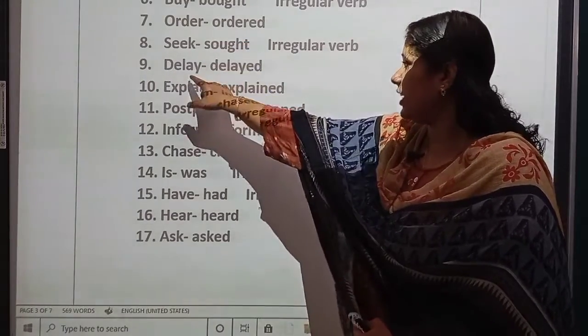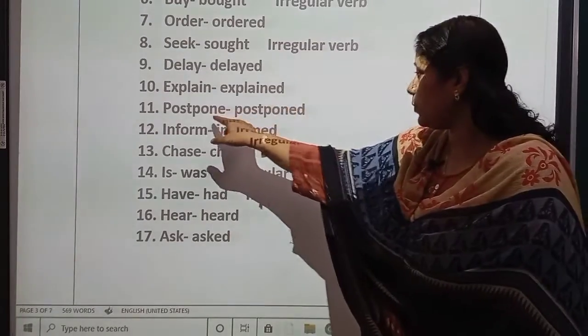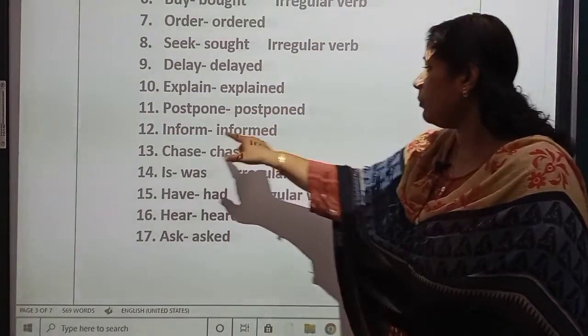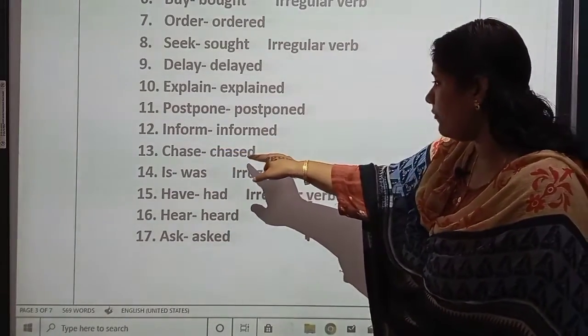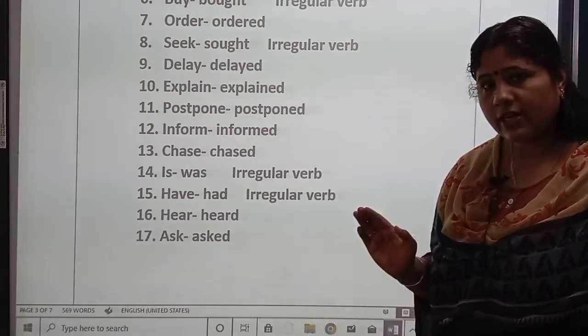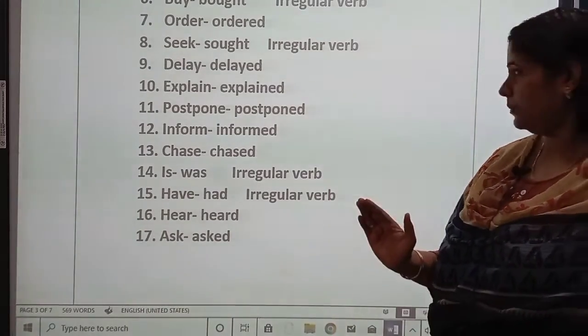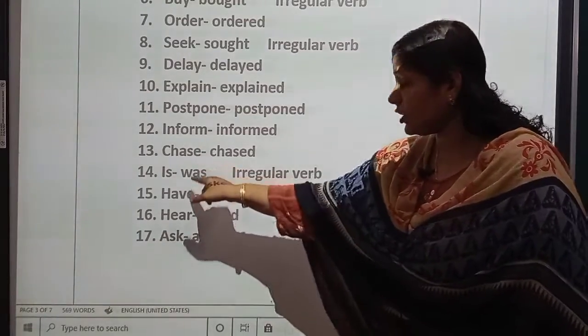Understood? Next, delay, delayed. Explain, explained. Postpone, postponed. Inform, informed. Chase, chased. So see here, everywhere ed is there. So it's a regular form of verb. Next, is, was. Another totally different form.